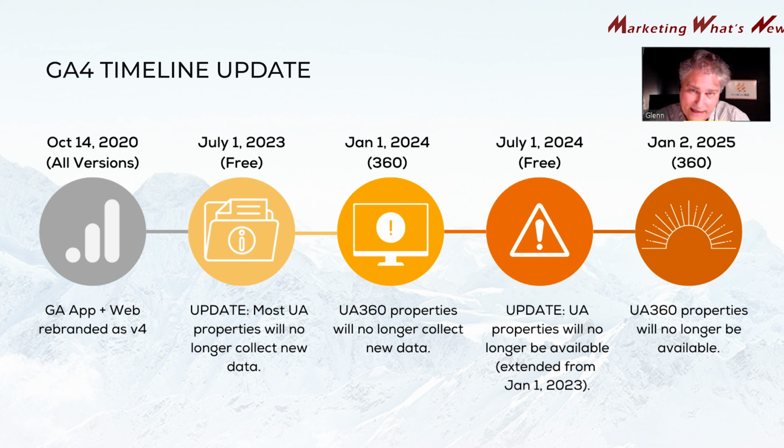Now let's take a second and ask, does that mean that Universal is completely gone? No. Let's hop over for a second, because most of us are on free versions of analytics. So skip the middle one, that 3rd one. Let's go to the 4th one, which says July 1st, 2024. That is the date that the data sitting inside of Universal Analytics will go away.